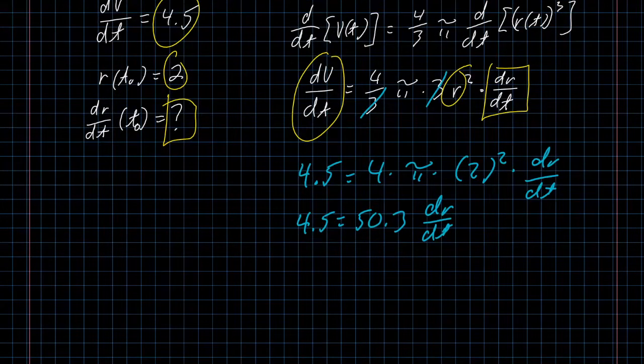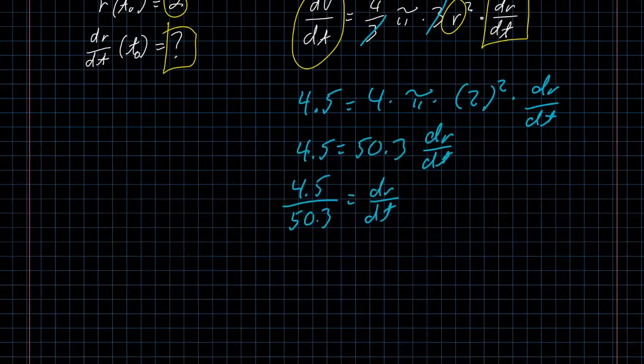And then from here, 4.5 divided by that ugly number comes out at something like 0.090.